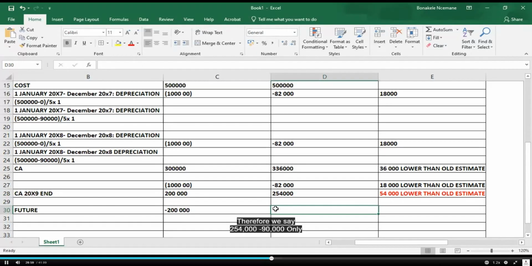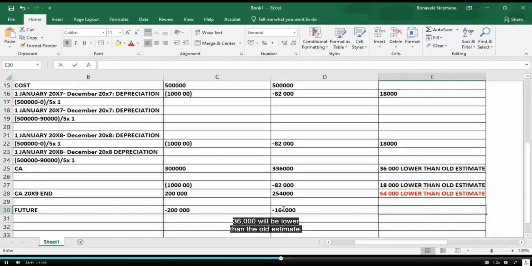So therefore, we say 254,000 minus 90,000, and only 164,000 will be depreciated in future as far as this machinery is concerned. Therefore, what is the difference between 200,000 and 164,000? It is 36,000.